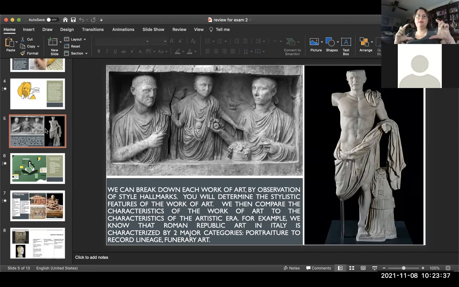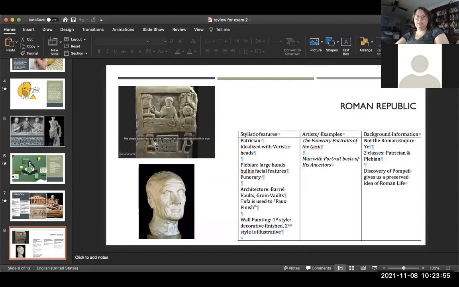So they're commemorative grave sculptures. They're relief sculptures. So this is a common example of a plebeian work of art in the Roman Republic. Another one is the vegetable vendor.